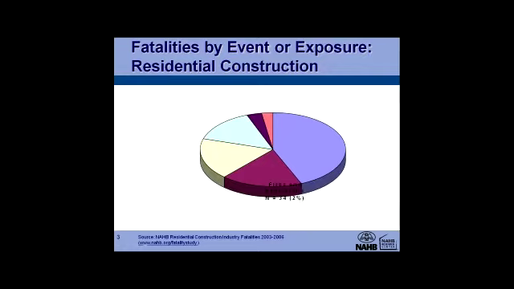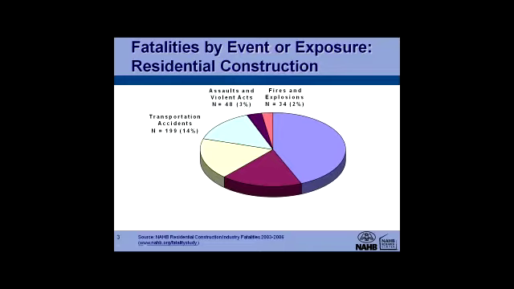What do we see on this pie chart here? First, fatalities. That means accidents when people die. So about 2% of all the fatalities in residential construction will be from fires and explosions. Then assaults and violent acts, about 3%.